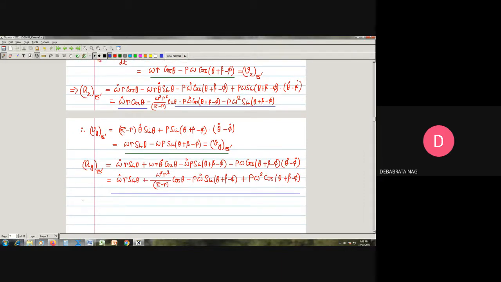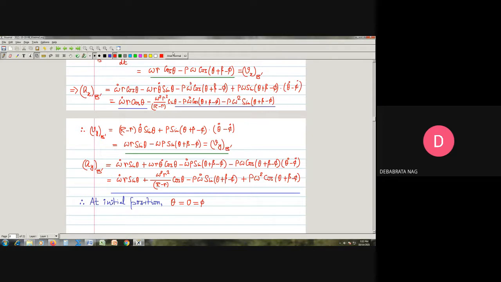Therefore, at the initial position, we note that theta is equal to 0 and phi is also equal to 0.